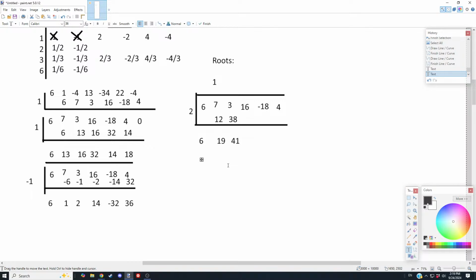41 times 2 is 82. 82 plus 16 is 98. 98 times 2 is 196. 196 minus 18 is 178.